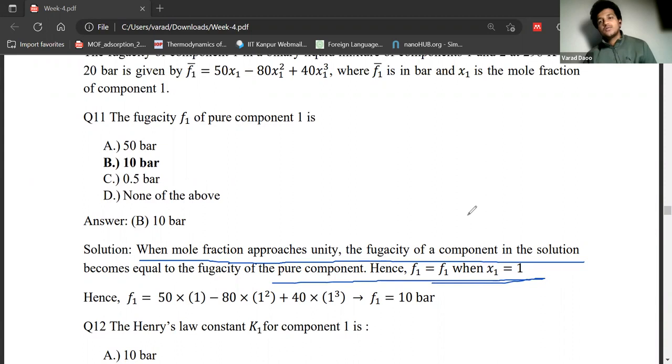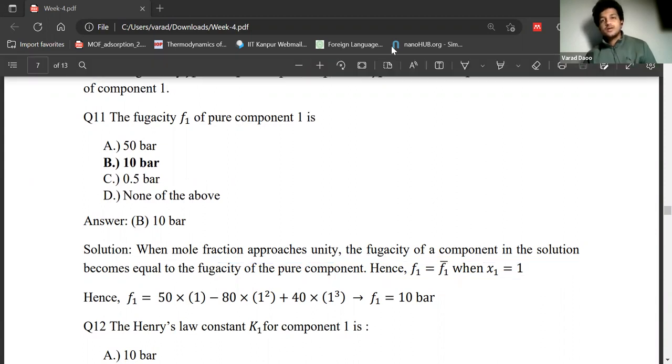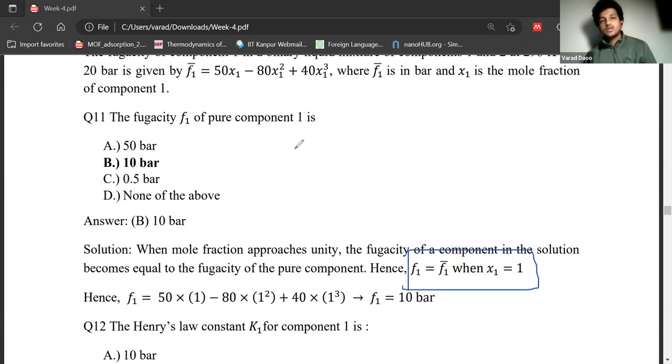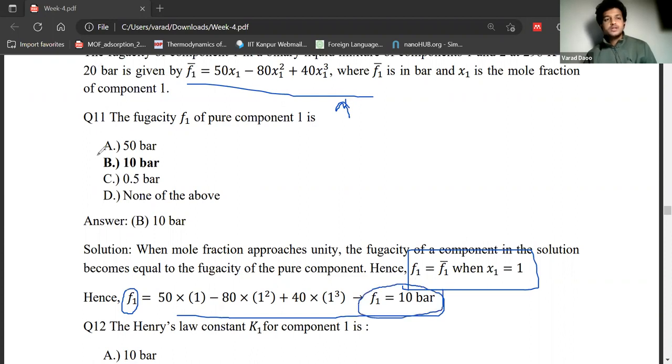F1 is nothing but F1 bar when x1 equals 1. So in this expression of F1 bar, we put x1 equal to 1 and we get the value of F1, which is 10 bar. Hence the correct answer is option B.